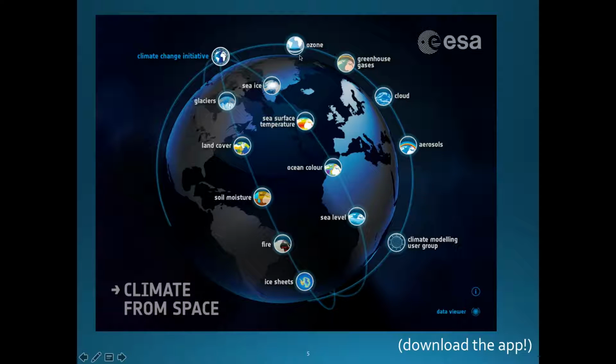And they are many. I actually advise you to download this app where you can explore these many essential climate variables and see what is the data associated to it. I will talk in my thesis about ocean color and sea surface temperature, and in this paper in particular about sea ice and ice sheets.